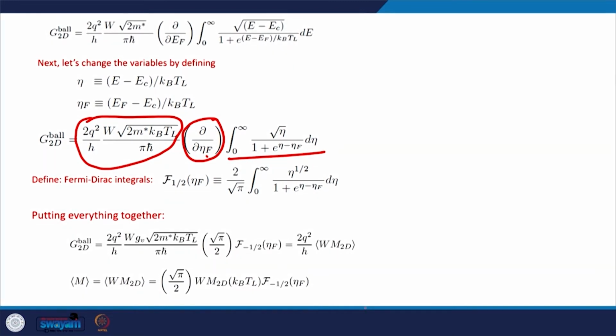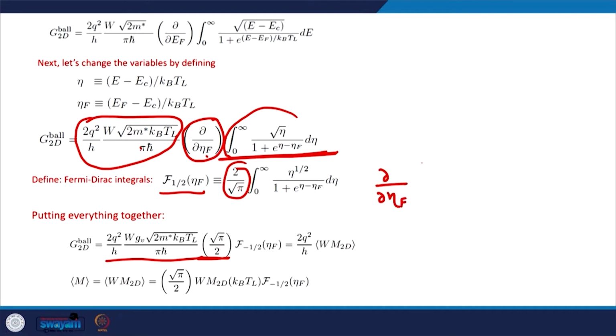So as we can clearly see, this is the Fermi-Dirac integral of order half, with some constant in it. If we replace this integral by the Fermi-Dirac integral of order half, then apart from this constant term, and in addition to this constant we also have square root of pi by 2, we are left with d by del eta f of the Fermi-Dirac integral of order half.